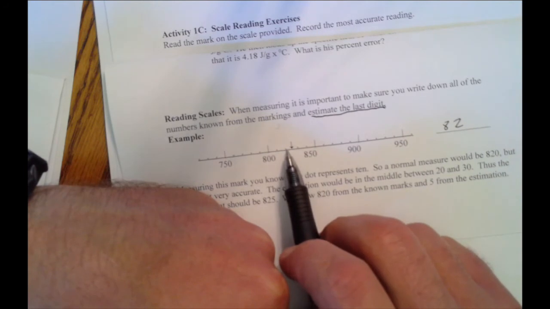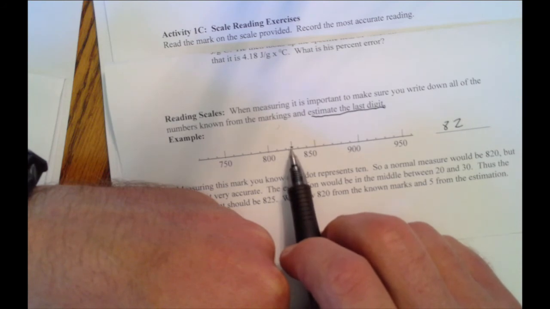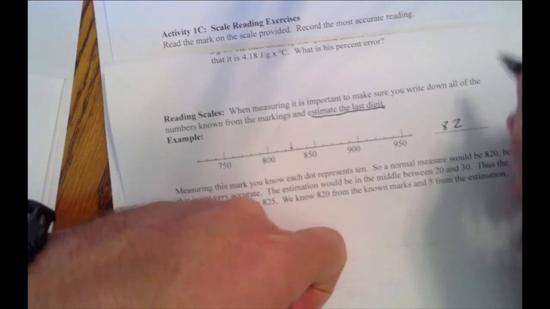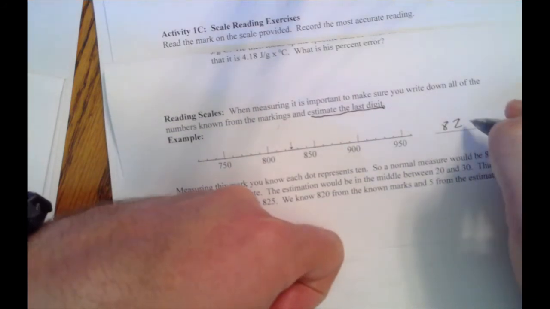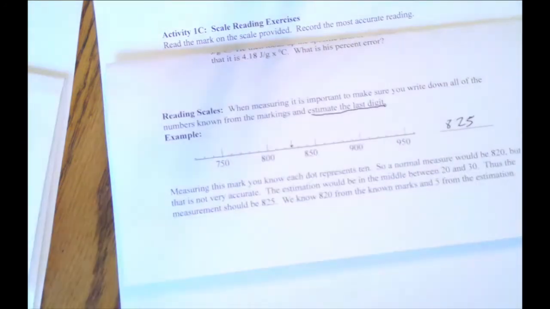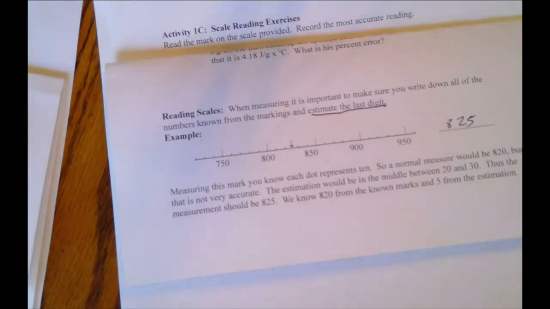So that makes this right here, even though there's not a dot there, that makes that 821, 822, 823, 824. And I think I'm going to go with 825 here. I think that's almost right in the middle. If you want to zoom in or get out your magnifying glass, you're more than welcome to. I'm going to go with 825 for that.